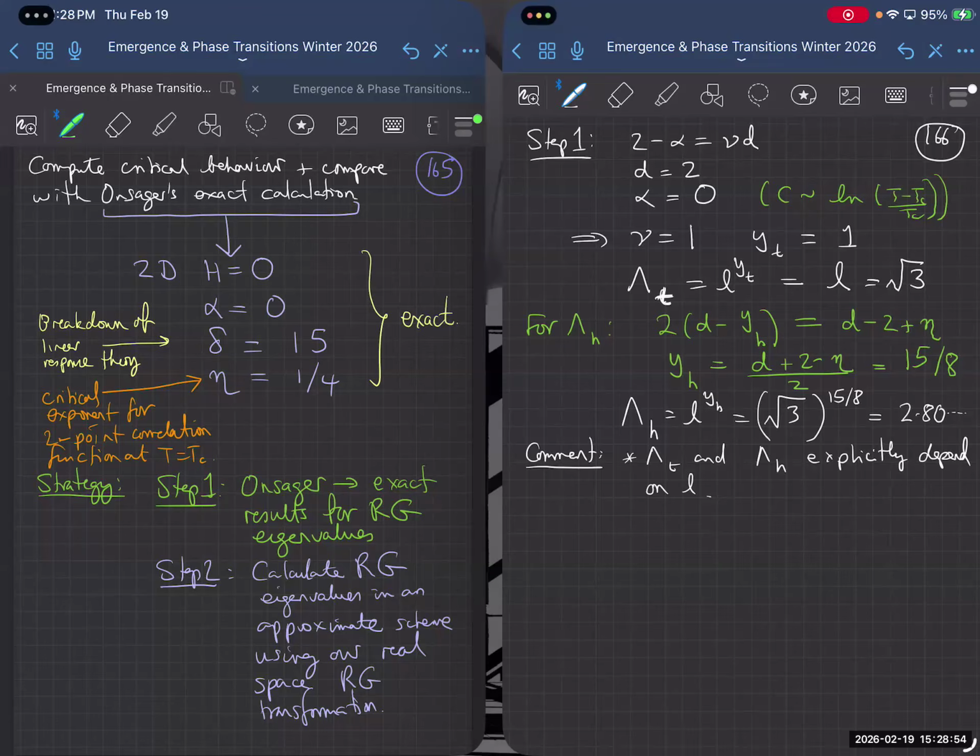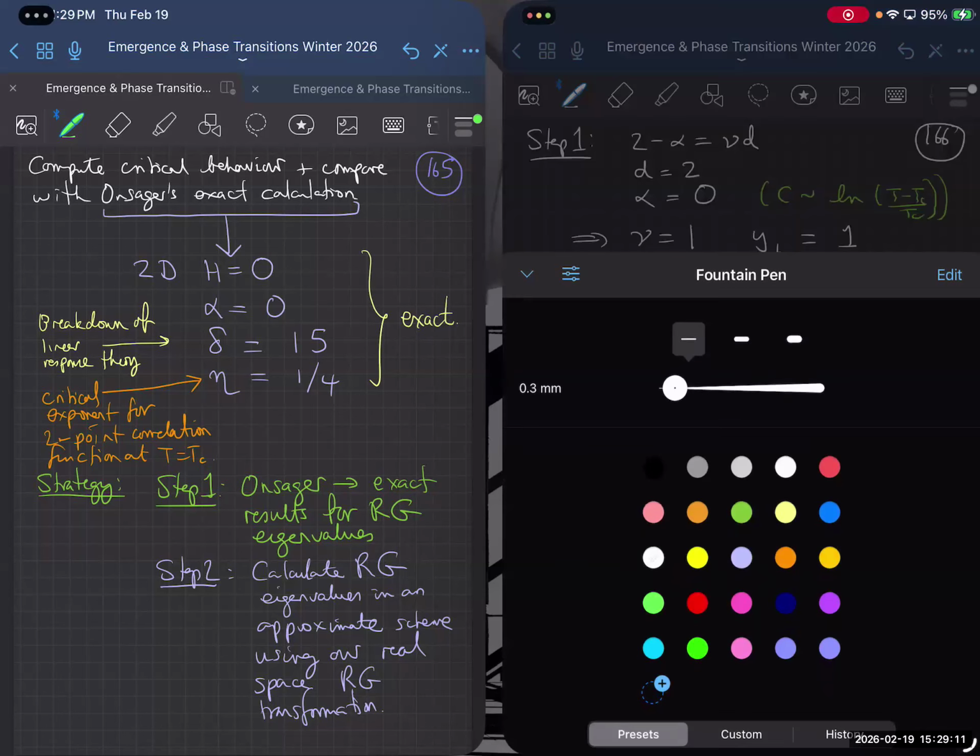That's fine, there's nothing wrong with that. The exponents are independent of L. Okay, so that's step one. Now let's do step two. Step two is the interesting part.